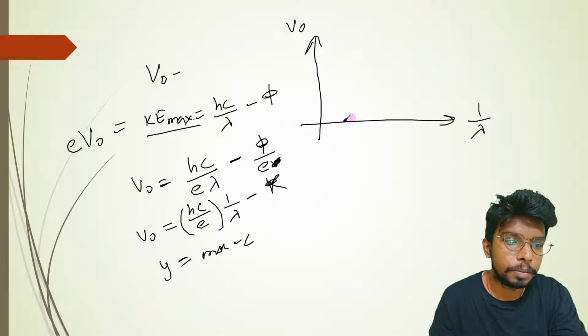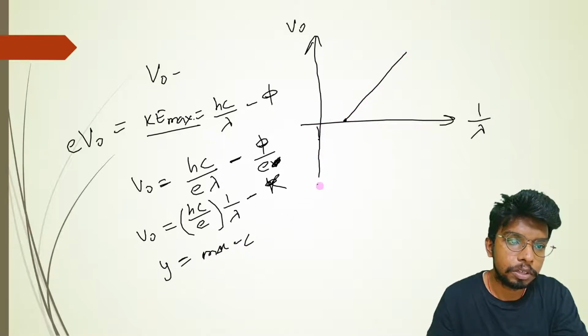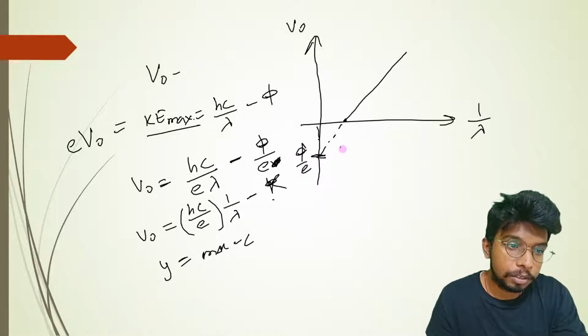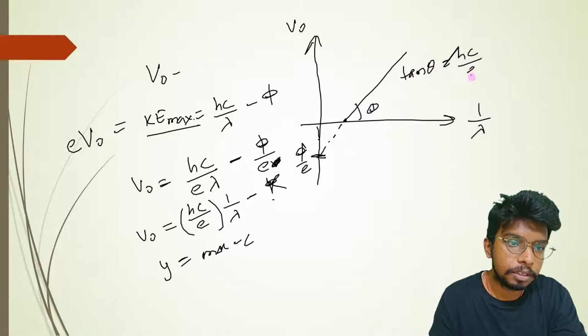The result will come out like this. This is the intercept, which will be phi by e, and the slope tan theta is going to be hc by e.